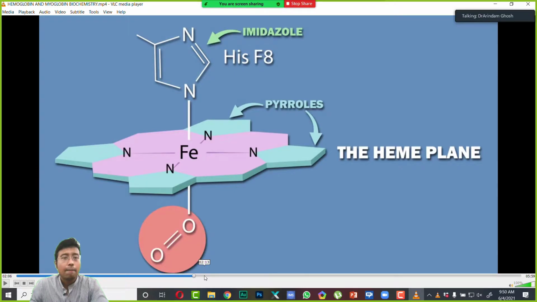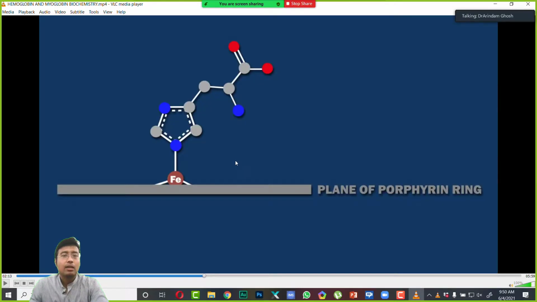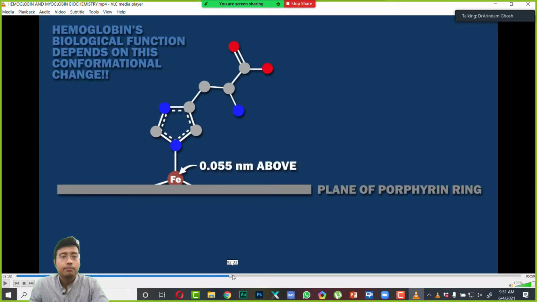Okay. What happens? Actually, the iron is at a level which is above the plane of the porphyrin ring. The iron is actually specifically 55 nanometer above the plane of the porphyrin ring.